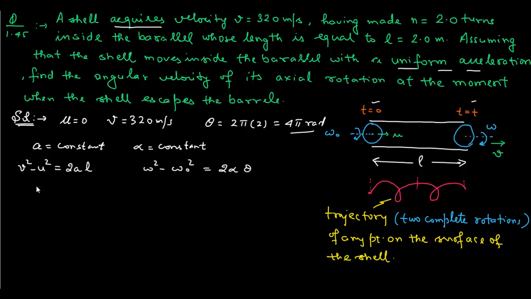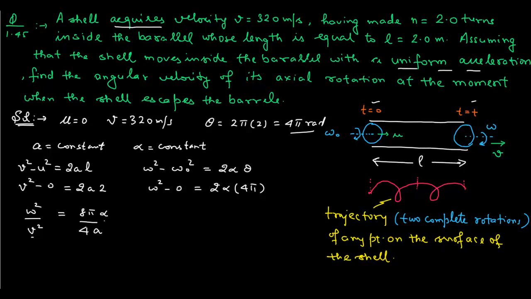So initial speed is 0, final speed is known to us, 2a is not known to us, and L is 2 meters. Clear? And from here we can write omega square minus 0 equals 2 alpha into 4 pi. If I divide both these equations, I can write omega square by v square is equal to 8 pi alpha divided by 4a. Now I know v, but I don't know alpha and a.